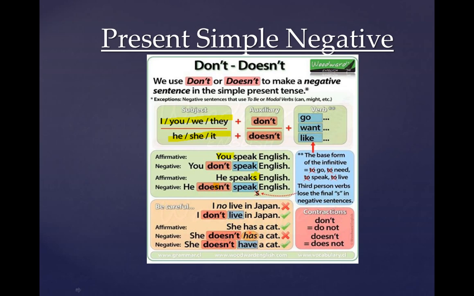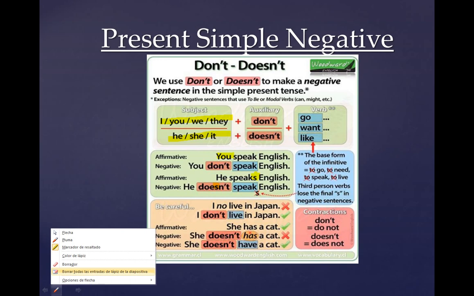Be careful. You cannot say I not live in Japan, or I not live in Rancagua, I not live in Doñihue. You have to say I don't live in Japan. She has a cat. You cannot say she doesn't has a cat. You have to say she doesn't have a cat. You can say why, miss?